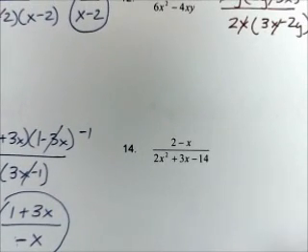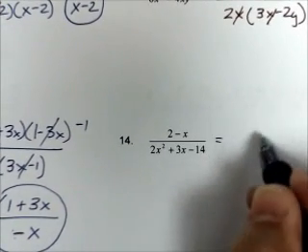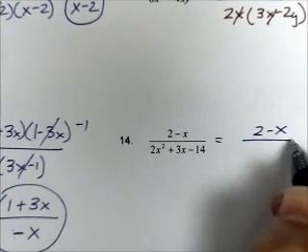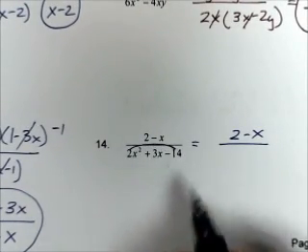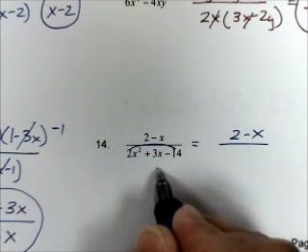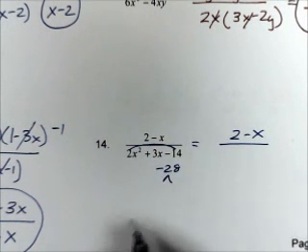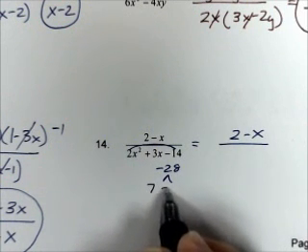Number 14, nothing to factor in the numerator, just bring that over. Now the denominator, that's going to take us the extra step here. 2 times -14 is -28. Factors of -28 that add to 3 are 7 and -4.